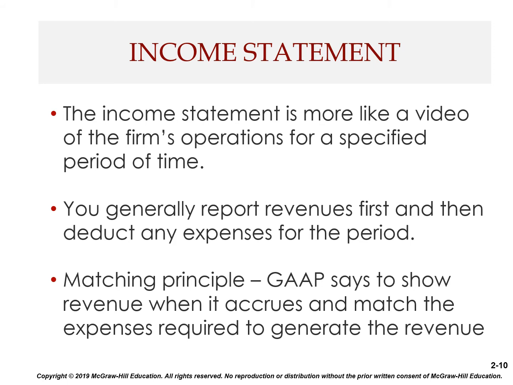So we show revenue when it's earned, and then we match any expenses that were required to generate that revenue against that revenue. That's called, again, the matching principle. So you're not looking at cash ins and outs on an income statement. You're looking at what you earned minus the expenses you needed to have to generate those earnings, that revenue.